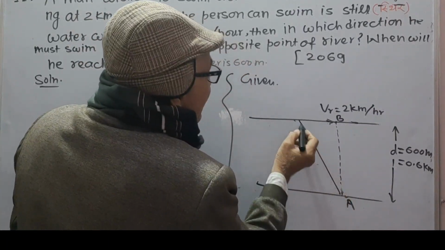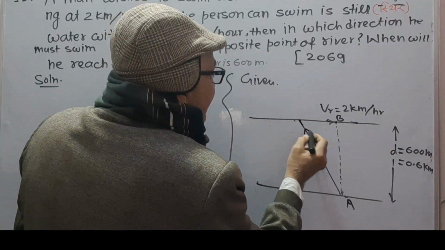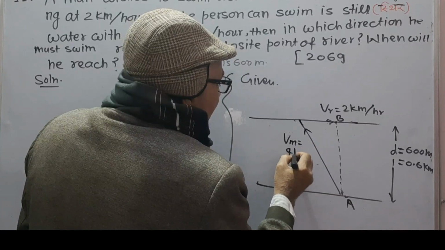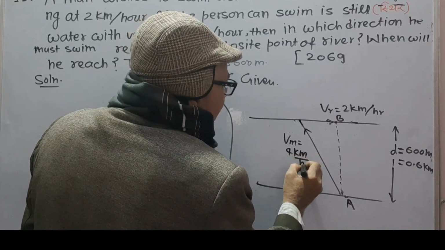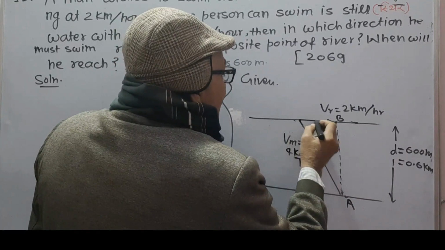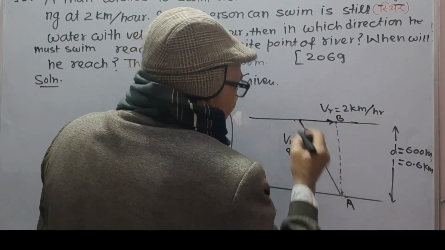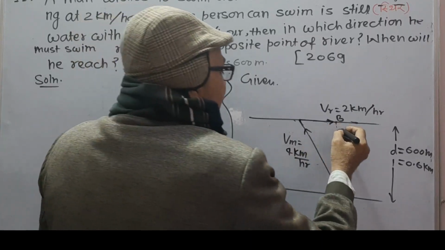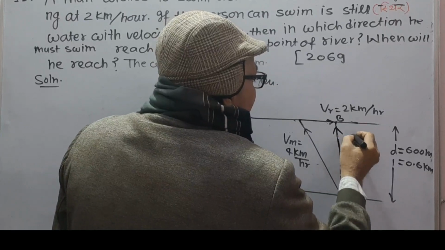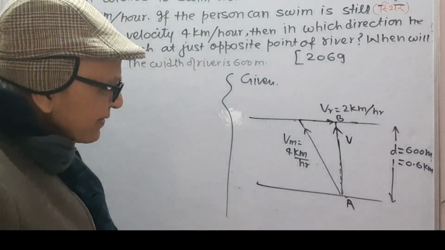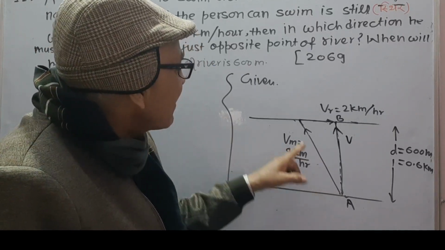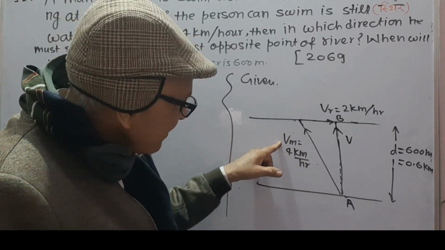if the person swims along this direction with the velocity v man equal to 4 km per hour, then the velocity of person plus velocity of river must be equal to the velocity along AB.